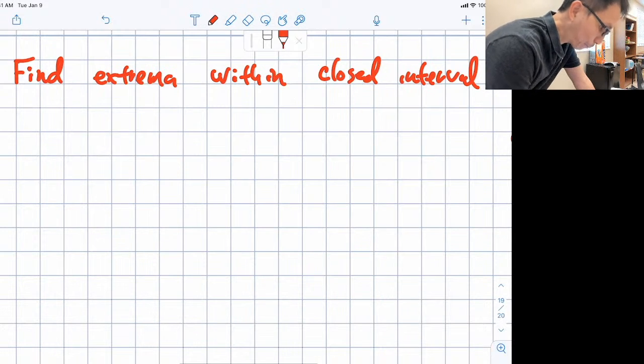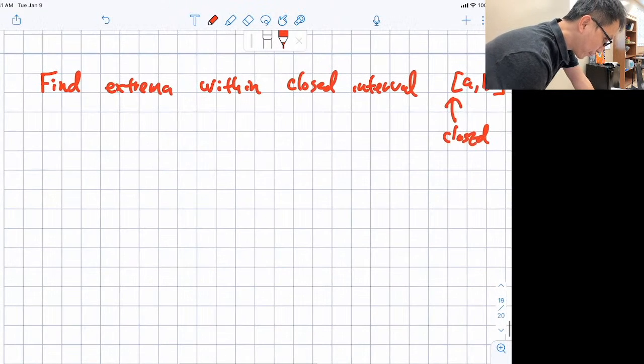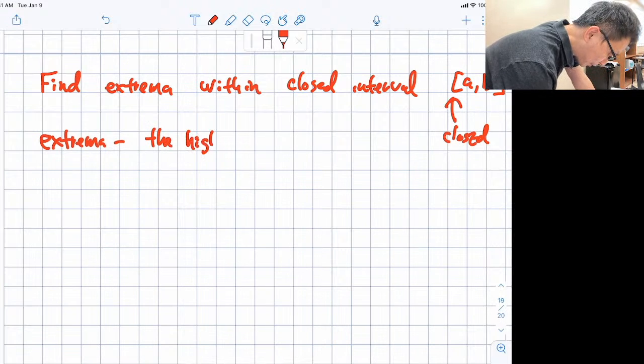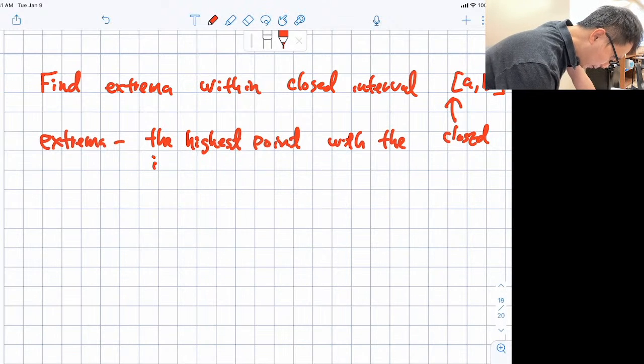With that being said, let's first understand what the heck extrema means. Extrema basically is the highest point within the interval, or the lowest point.